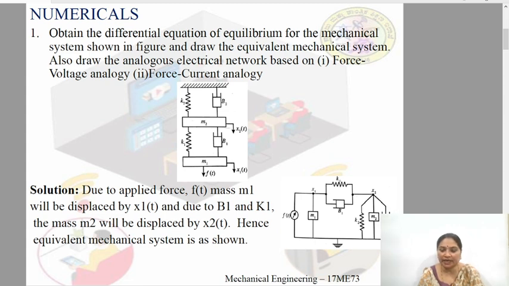Since B1 and K1 are fixed to mass M2, we will take another node called x2 to which the spring K2, mass M2 and the damper B2 are fixed. Now to all these members the force applied is F of T.